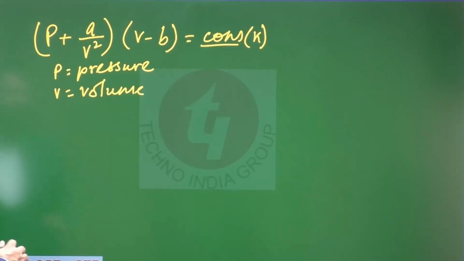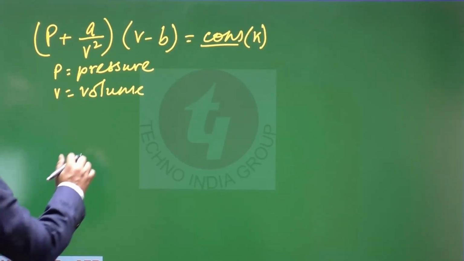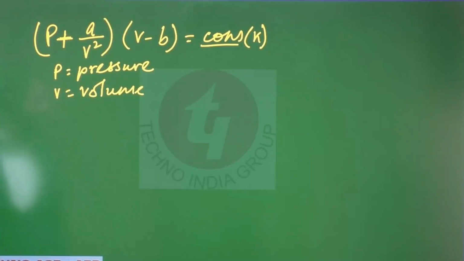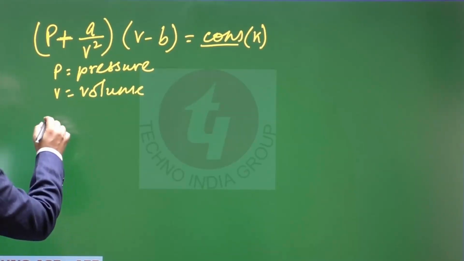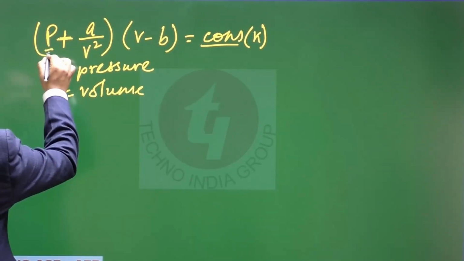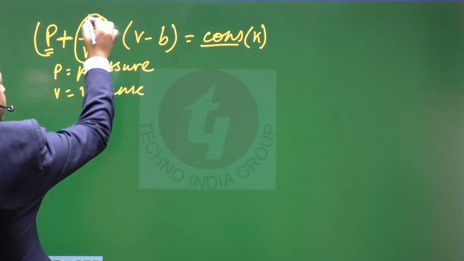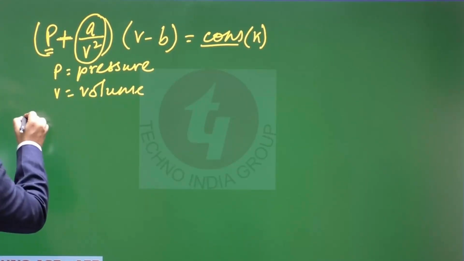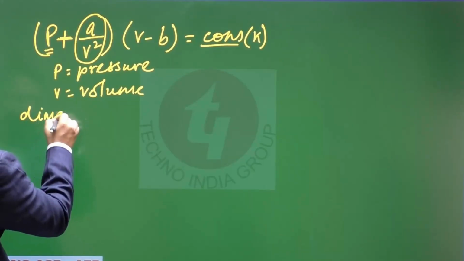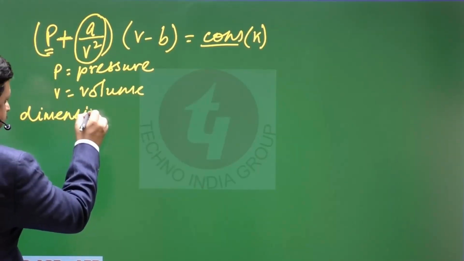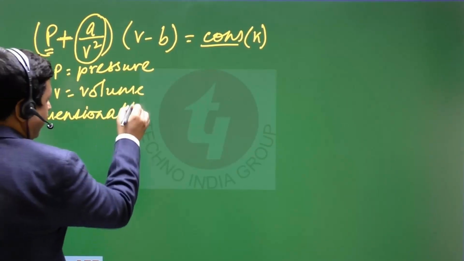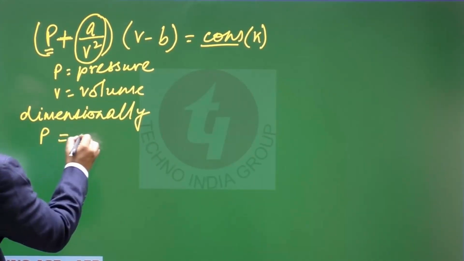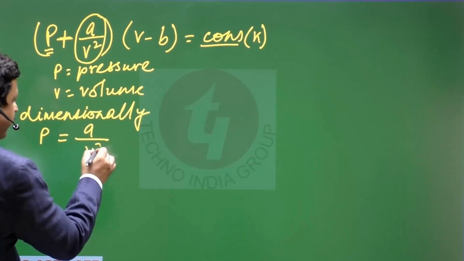We can write that here P plus A by V square, that means dimensionally P and A by V square is the same, right? So dimensionally you can write P equals to A by V square.